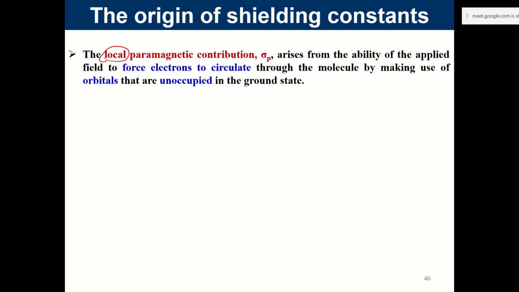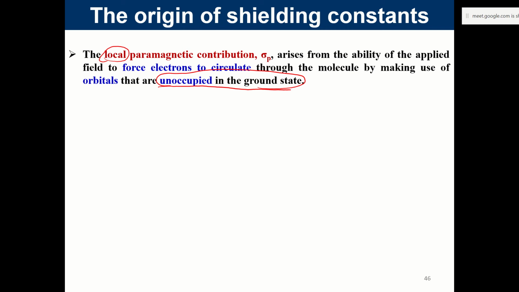This can arise when you have suitable orbitals and the HOMO-LUMO gap is small. You apply a magnetic field and the two wave functions are mixed. That is equivalent to saying that the electrons are made to circulate, making use of the orbitals which are unoccupied in the ground state.